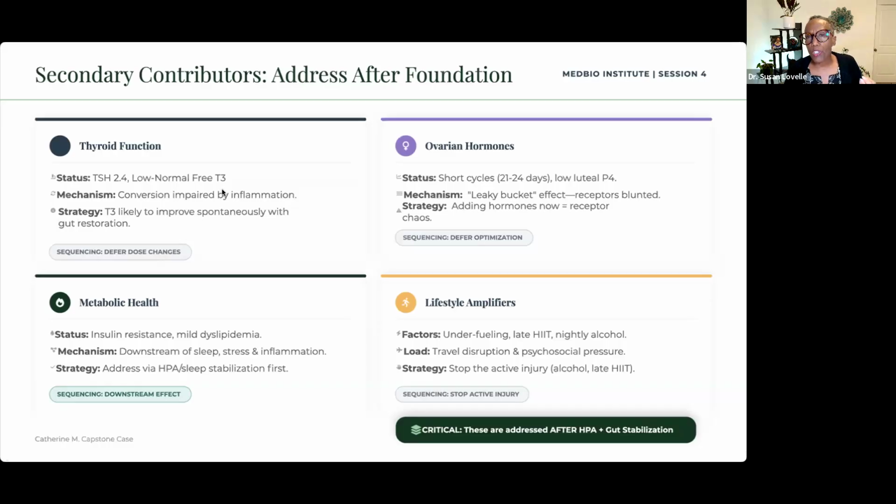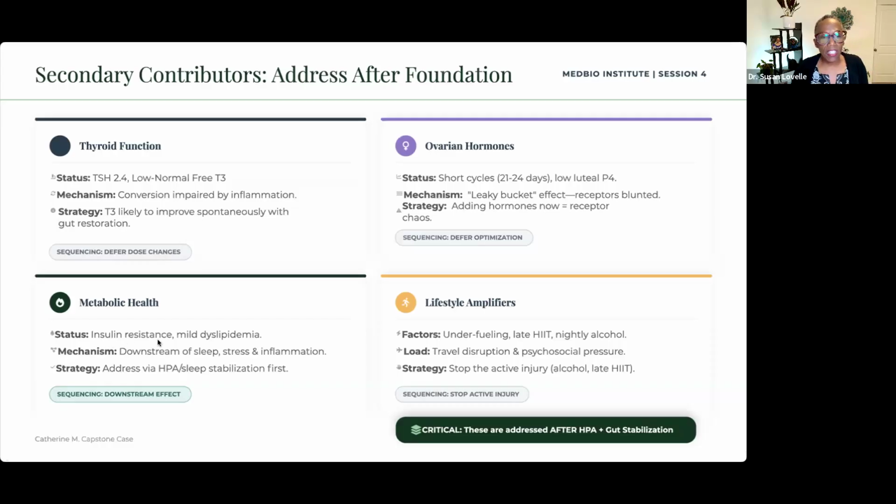A lot of times, though, before we start just upping levels of her thyroid hormone, maybe when her gut is healing better or working more efficiently, you'll start to see this turnaround on its own. That's one of the reasons we don't want to just jump right into making a lot of changes with medications if the gut is struggling.